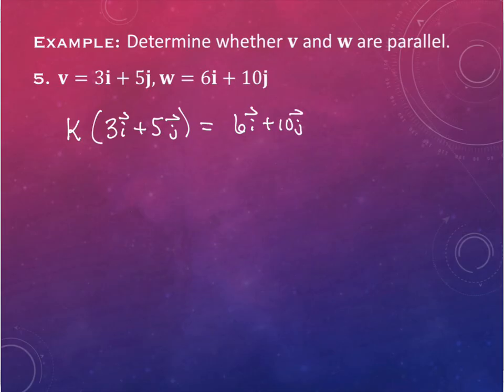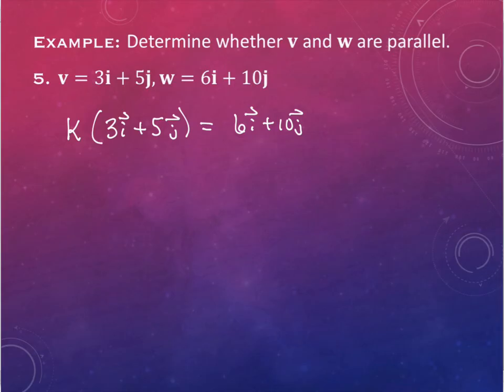Now I think this is probably the most natural setup, because it's easier to see what I would need to multiply 3 by to get 6, because it gets bigger than to go the other direction. Now it's true the other direction, I'll show it to you, but what number would I need to multiply 3 and 5 by to get 6 and 10? 2, right? This one's pretty simple to eyeball, right?